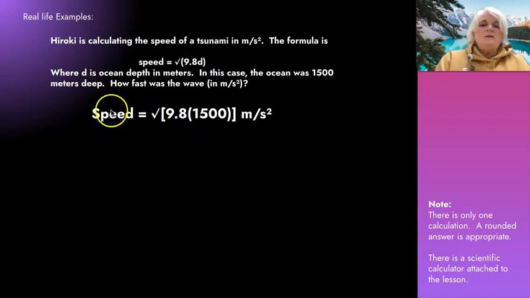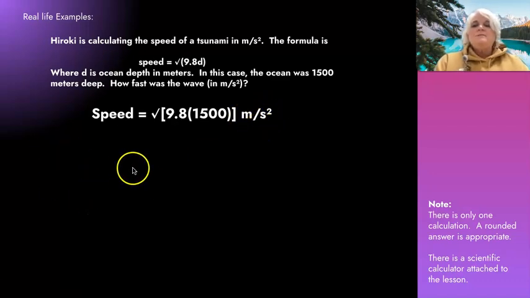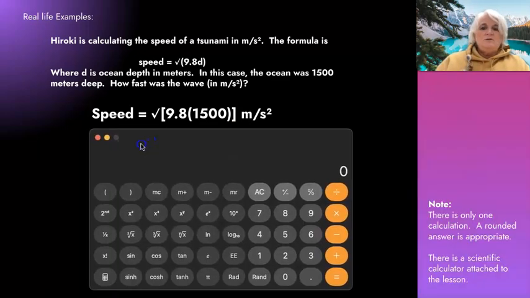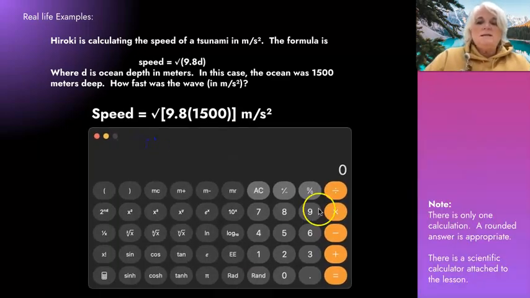So if I plug that in, I have speed is equal to the square root of 9 8/10 times 1,500, and then it's in meters per second squared. So I'm going to pull out my calculator and show you how to use this.